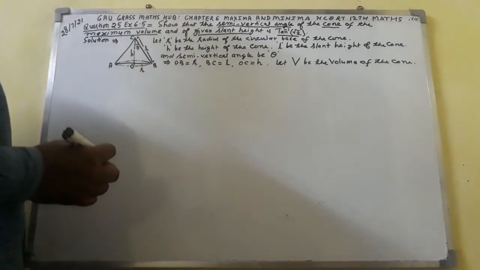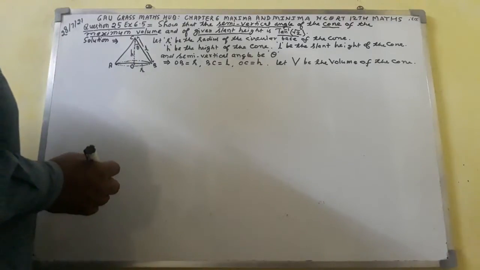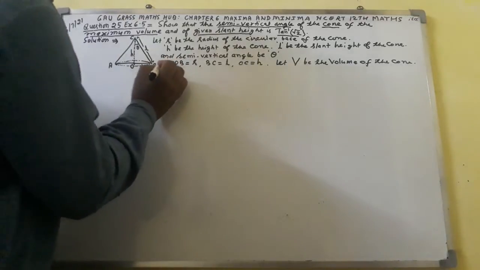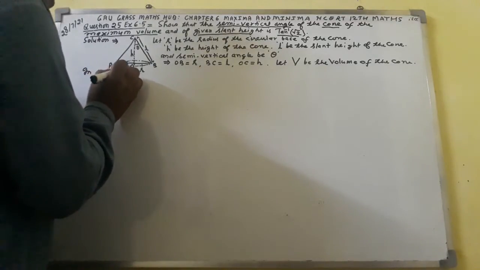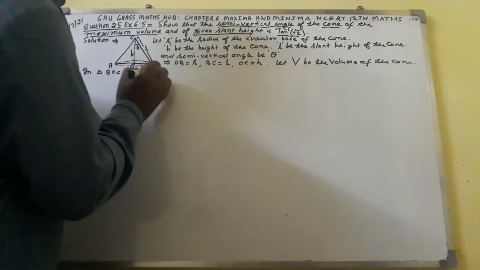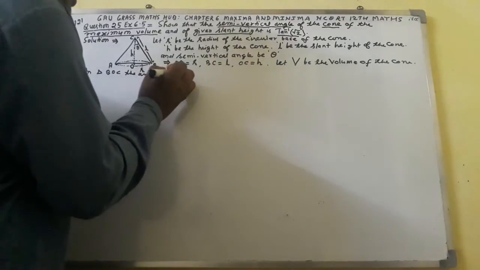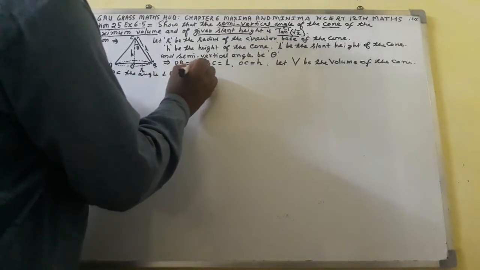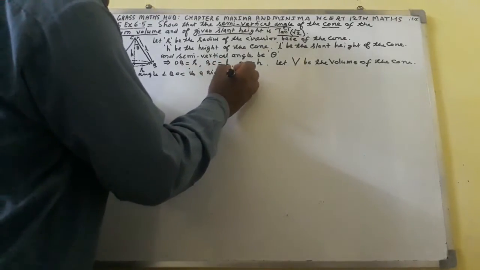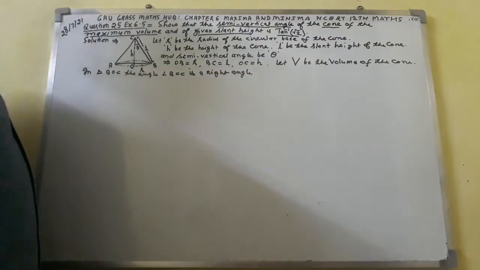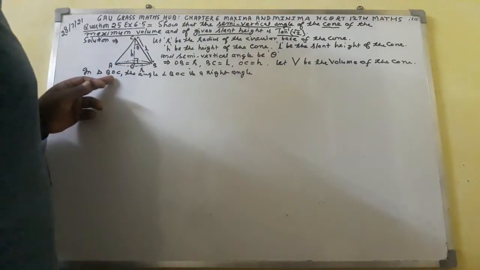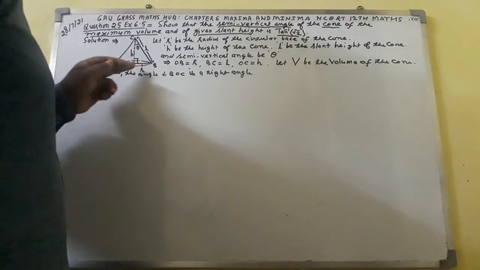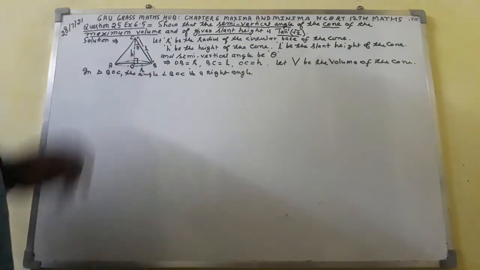Here you can see in triangle BOC, the angle BOC is a right angle. This angle is a right angle.